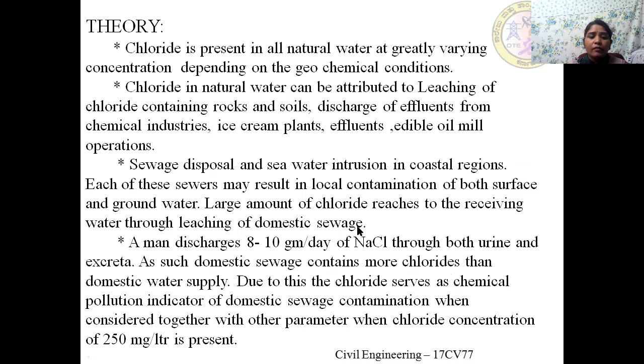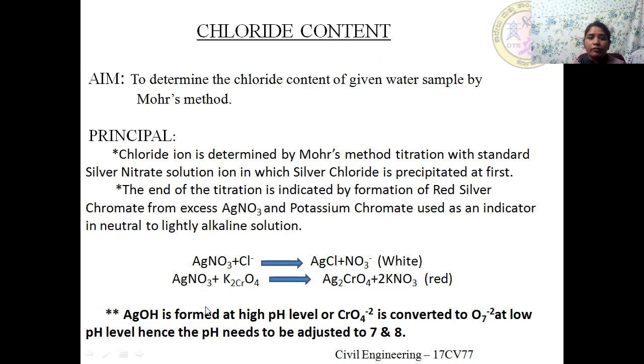Now, one of the most important points of this experiment is we need to maintain a pH around 7 to 8. That is, we need to adjust the pH in between 7 and 8. Why? Because at high pH levels, the silver nitrate gets converted to silver oxide, so AgOH, that is silver hydroxide, is formed.